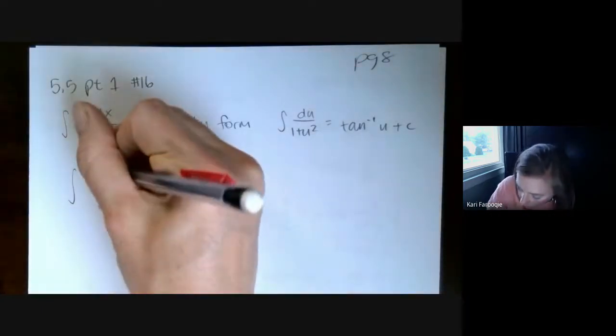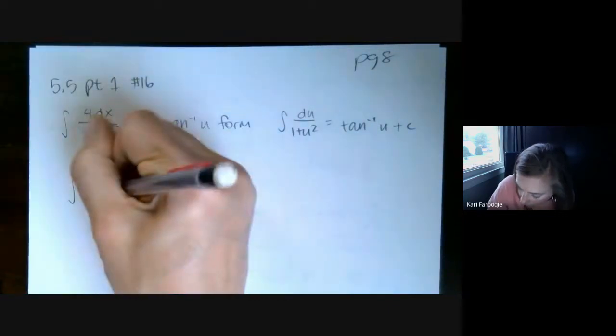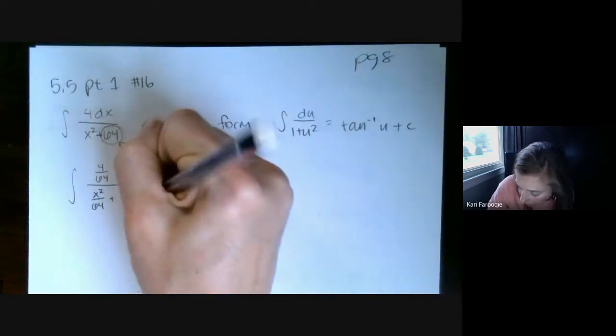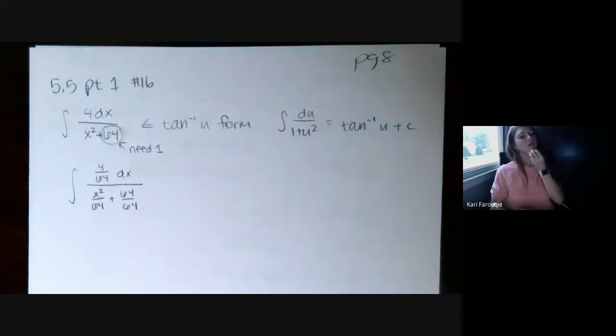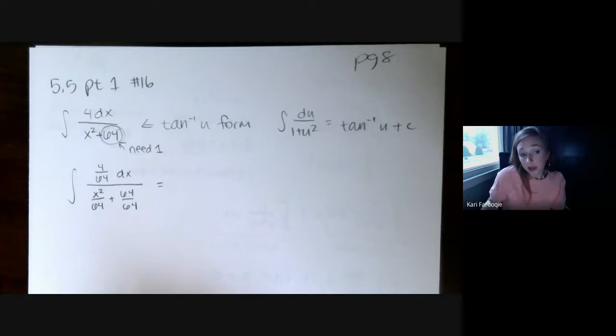So I'm going to take 4 and divide it by 64. And I'm going to take x squared and divide it by 64, and take 64 and divide it by 64. But nothing has really changed other than we've just shown every term being divided by 64. If you'd like, you don't have to.